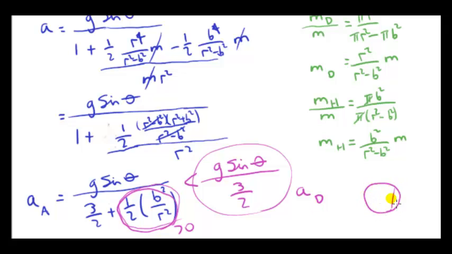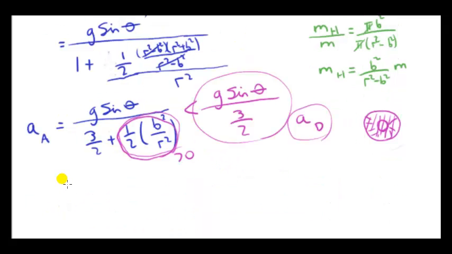Somehow simply taking a uniform disk and cutting a hole in it changes everything. And even if we can't compensate for that change by increasing the mass or increasing the outer radius, there's no way we can make the acceleration of this annulus greater than or equal to the acceleration of the disk. It's always going to be less than the acceleration of any uniform disk.